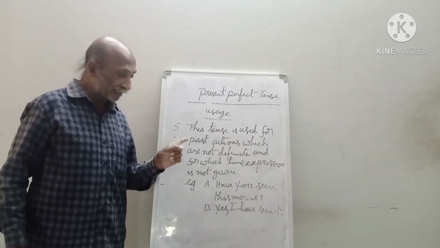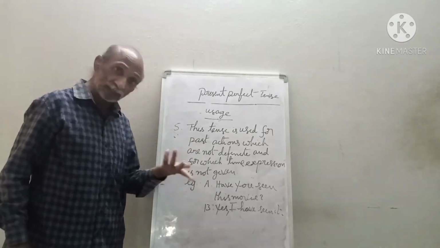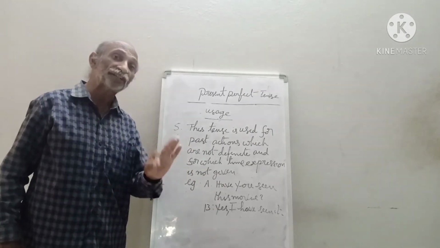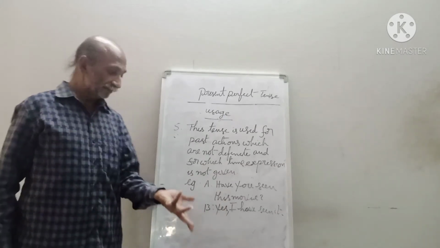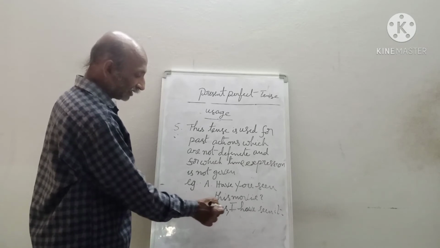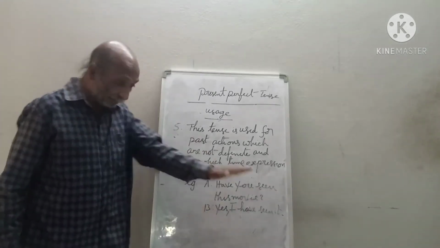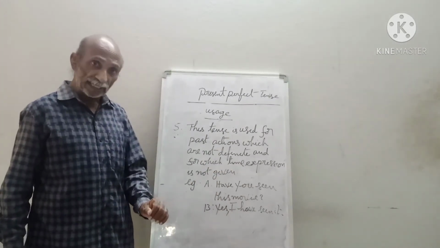So you understand it now? The action is past, but the speaker is not sure whether the action happened or not. Then B said, yes, I have seen it. Now it becomes definite. Understand?